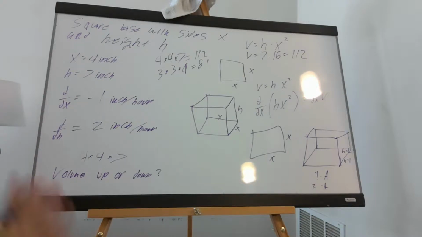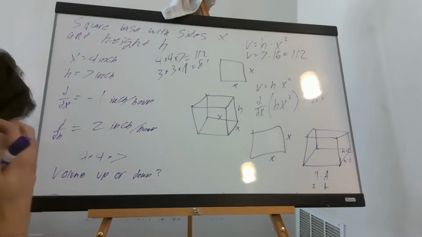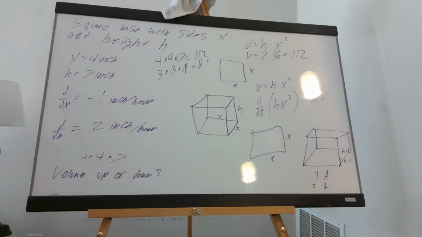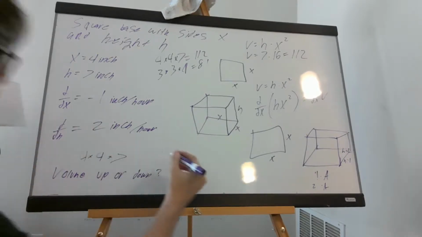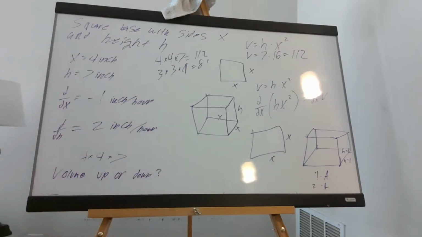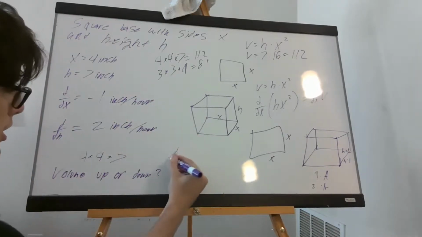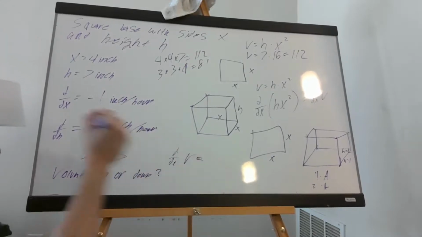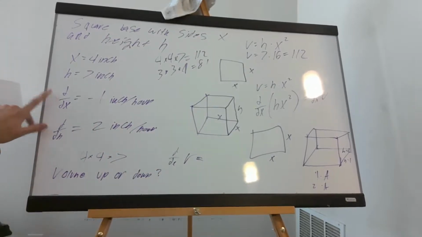Okay, so square base, x by x, height, h. The change in height is up 2 inches per hour, and the change in the base is down 1 side per hour. So that means that at 4 by 4, the volume can only be going down, because the volume is decreasing. So guys, for the derivative of this, if we want dx in terms of volume, they literally gave us both terms to start with.